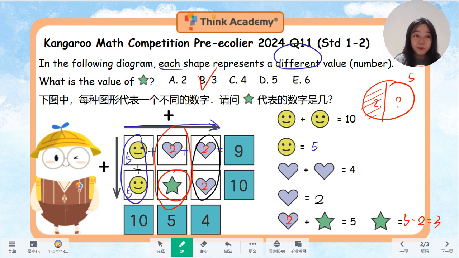But if parents notice that your children do not use subtraction to find the value of the star, and when you check with them, they do not know they need to do minus here, you had better pay attention to that. Because operation without numbers is not only a question, it is also an exercise for students' inverse thinking. We know that in standard 1 and 2, school math is not hard, whether in school or international school.